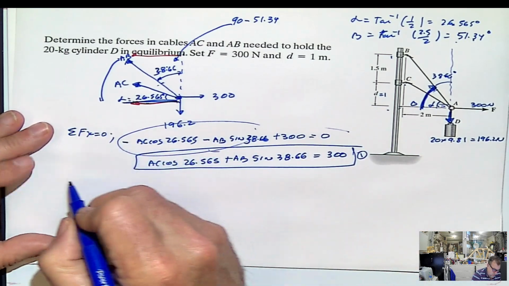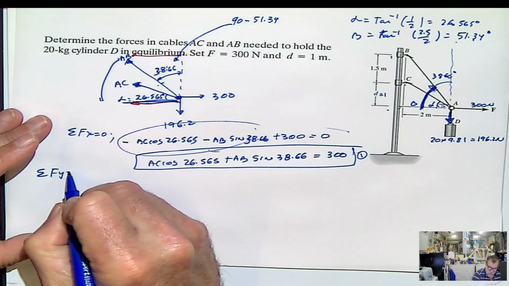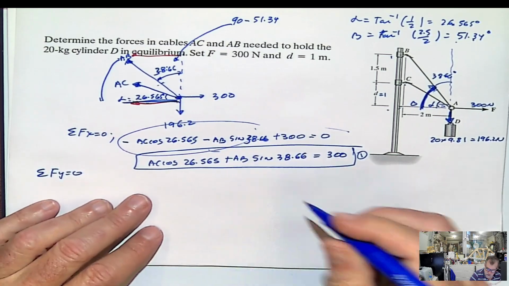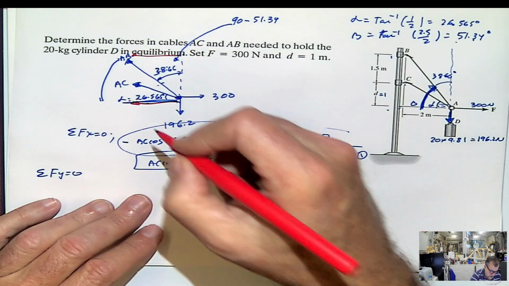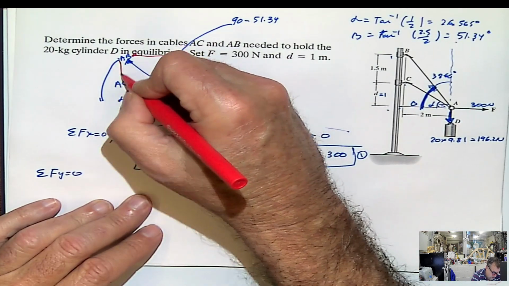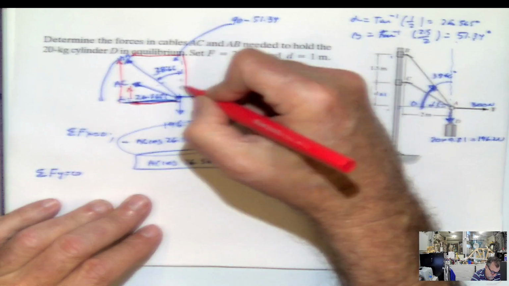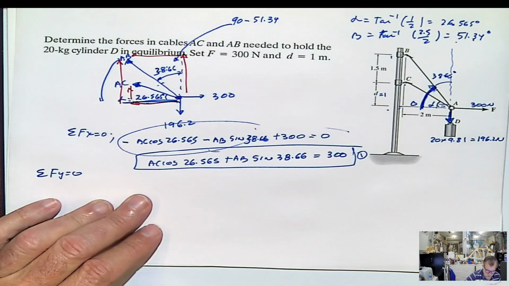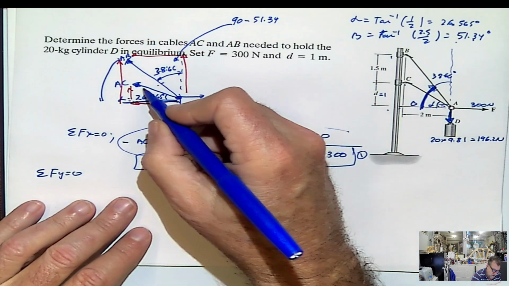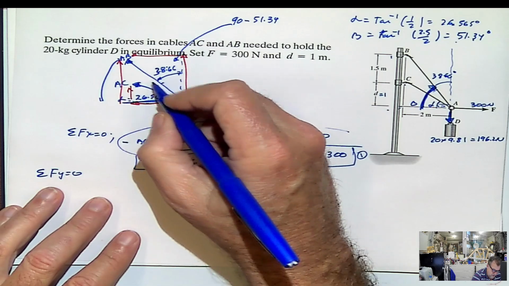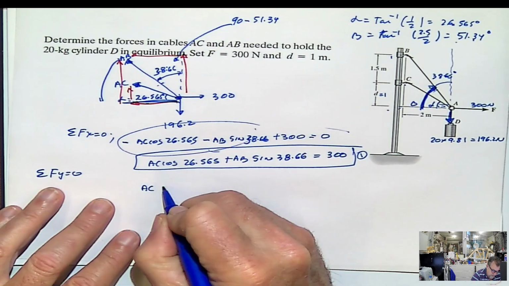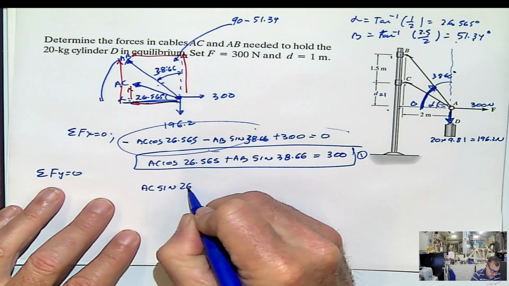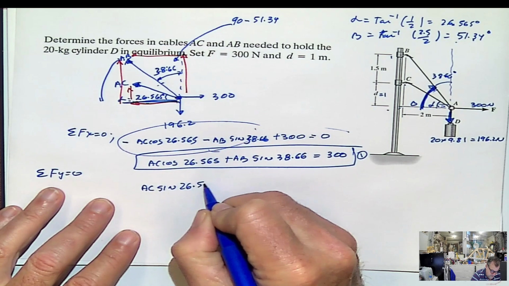For equation number 2, I will use summation of forces in Y equals 0. We have this component for AC, this component for AB, which is the same as this one, and this force vertically here. So let's start with AC. It's going to be AC sine of 26.565.